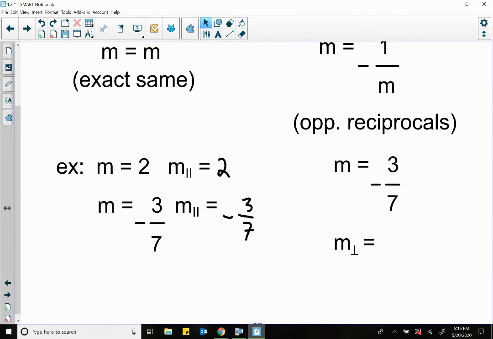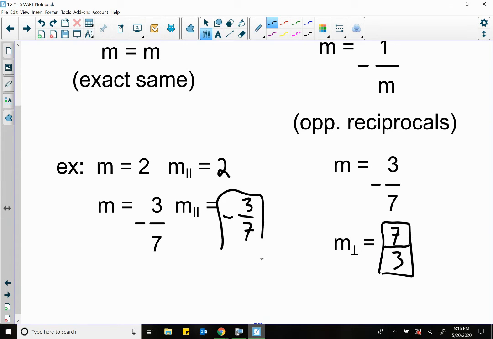Parallel lines have the same exact slopes. Perpendicular lines, we're going to take the opposite. So the opposite of a negative is a positive. And then you're going to do the reciprocal. Reciprocal just means flip it. So the 7 goes on top, the 3 goes on bottom. And that is a perpendicular slope.